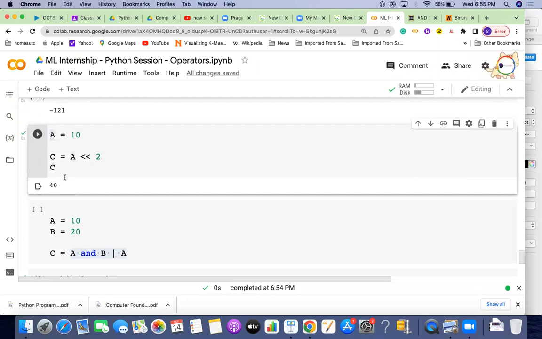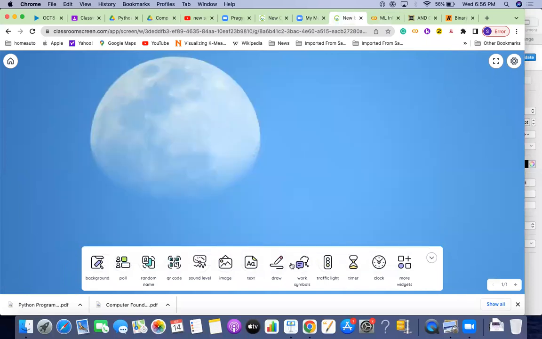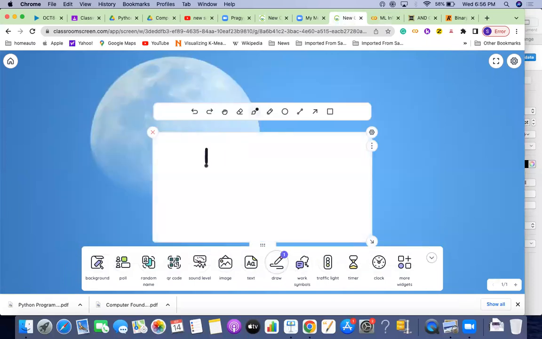Okay, let us do the left shift. If I do left shift, what will I get? Sorry, right shift. If I do right shift, what will I get? Now take the same example, 1010. If I do 2 right shifts, how will it be shifted?